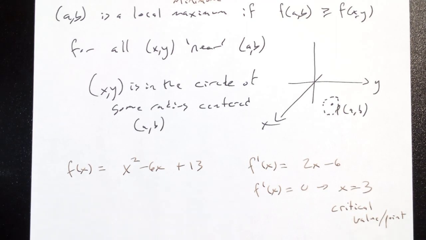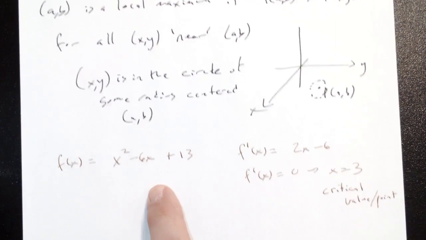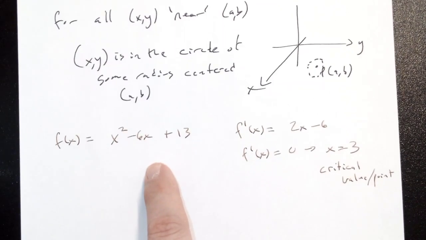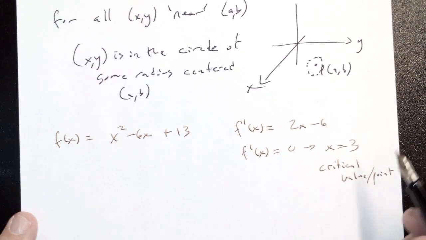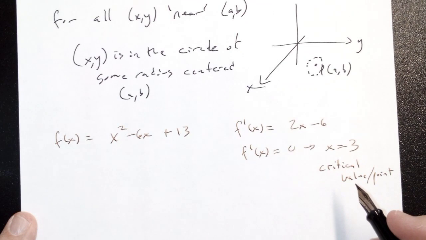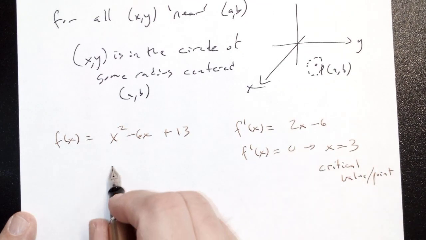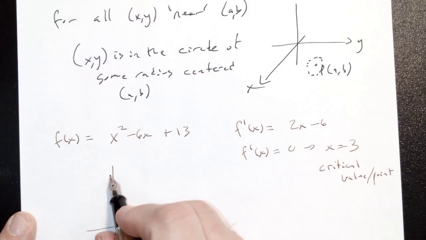But on the graph of f, what did the fact that f prime of 0 tell me about the graph? When the derivative is 0, what's it tell me about the picture of the graph? Aha!